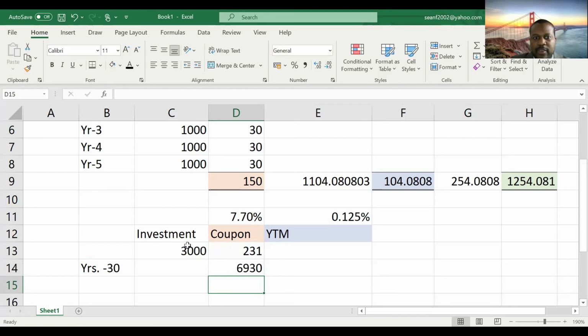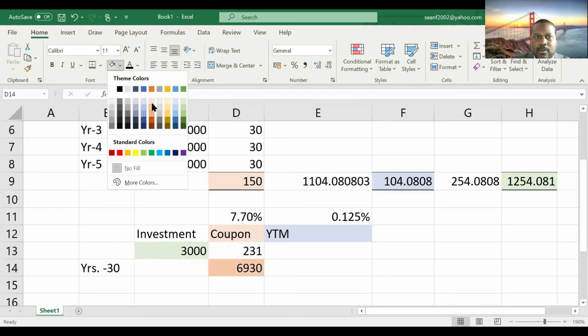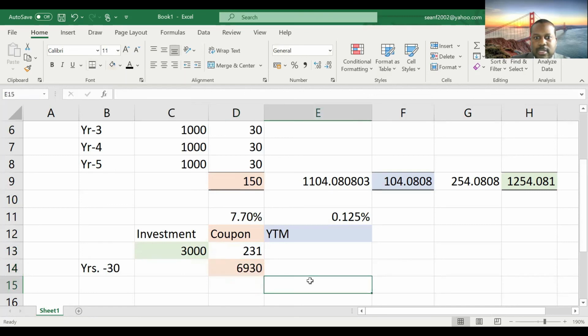All right, so our key figures so far are this initial investment, the total for the various periods, which is this, and then we need to find the yield to maturity.